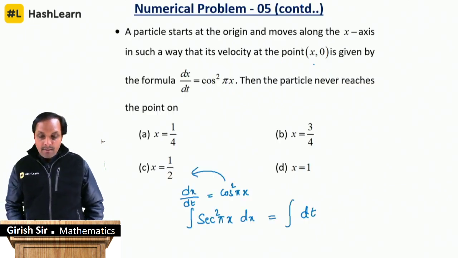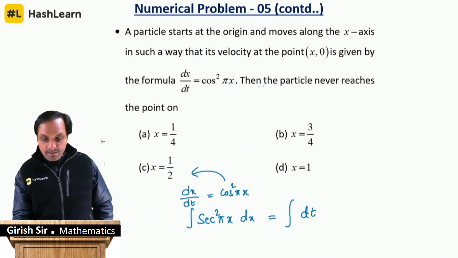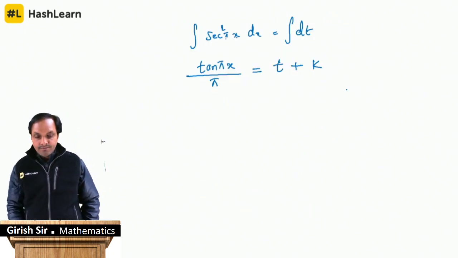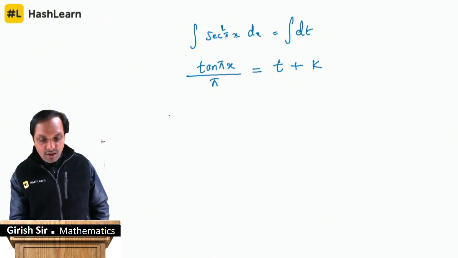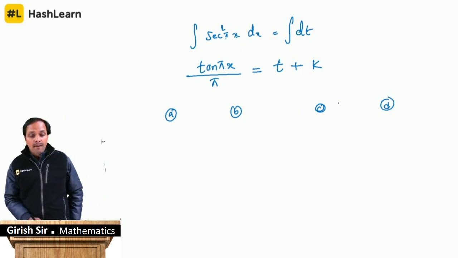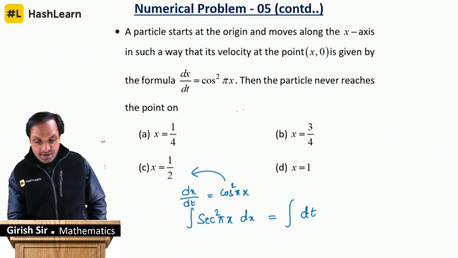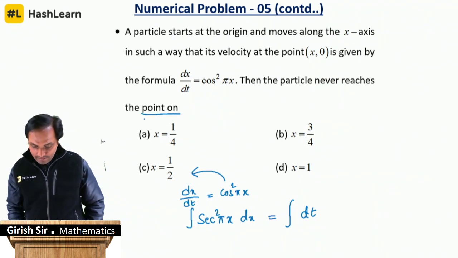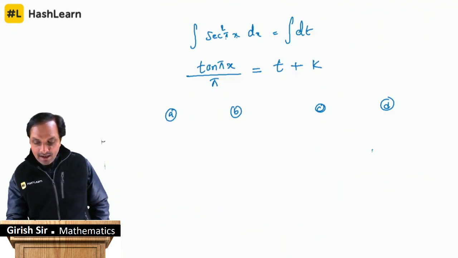Okay, यहाँ पे क्या कर रहे हैं? What they are asking you by the formula, the particle never reaches the point. Okay, so now you need to analyze. They are giving you many options A, B, C or D. Never reaches the point on. चलो ये जो फंक्शन है ना tan theta है.